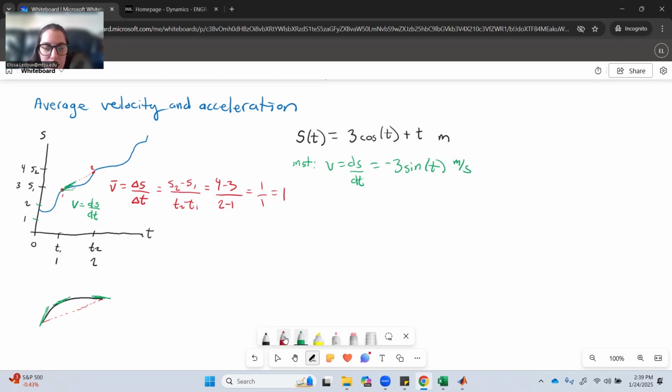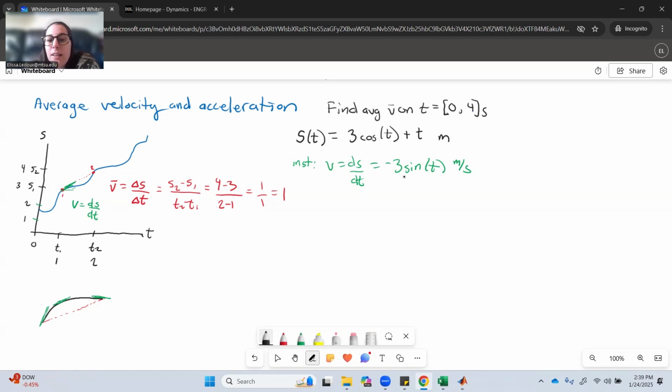And let's say find average velocity on the interval 0 to 4 seconds.